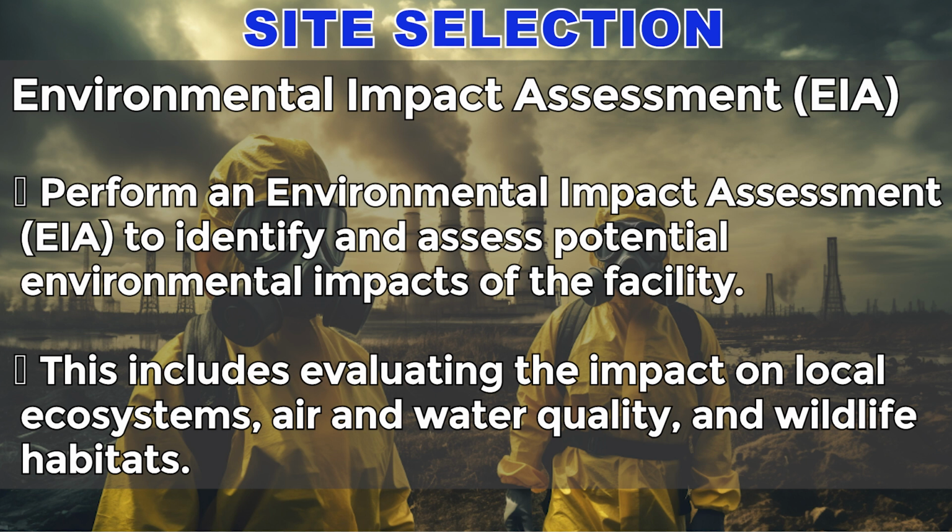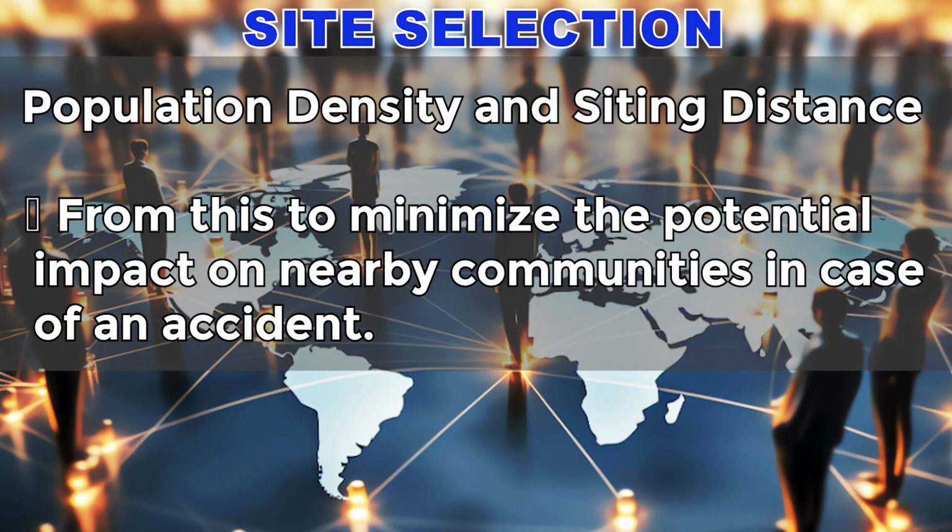Mitigation measures should be proposed to minimize adverse effects. Next factor is population density and sitting distance. Analyze the population density in the vicinity of proposed site and determine appropriate sitting distance to minimize the potential impact on nearby communities in case of an accident. Regulatory agencies often establish specific safety zones.